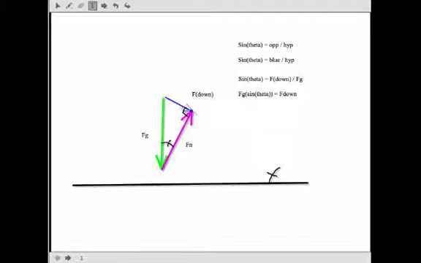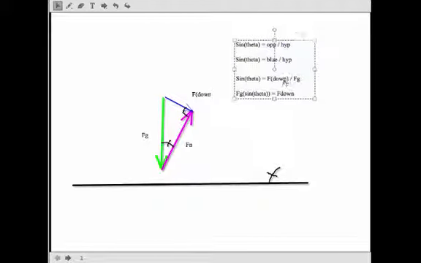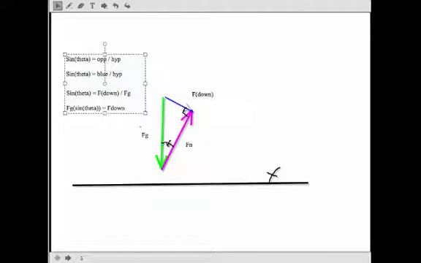And we can just see this based on the fact that this is a right triangle. We're just using our basic trigonometry here. We haven't broken anything down into components or anything like that. But the fact that the angle right here of this little triangle is the same as this angle on our original inclined plane means that these relationships are true.